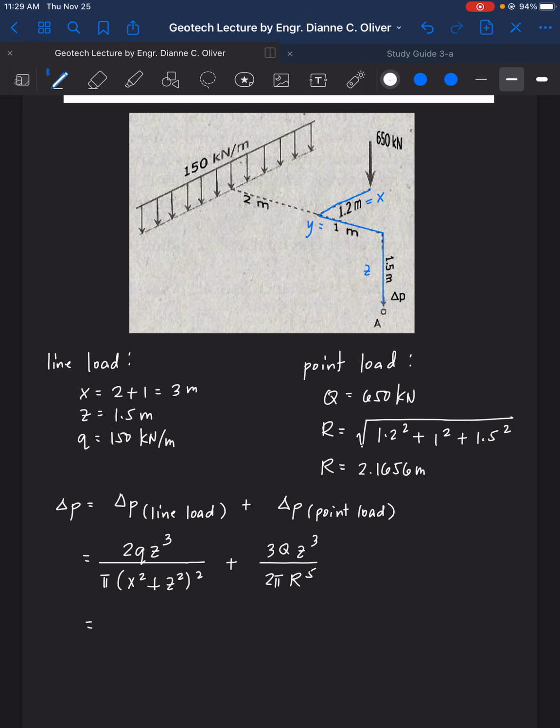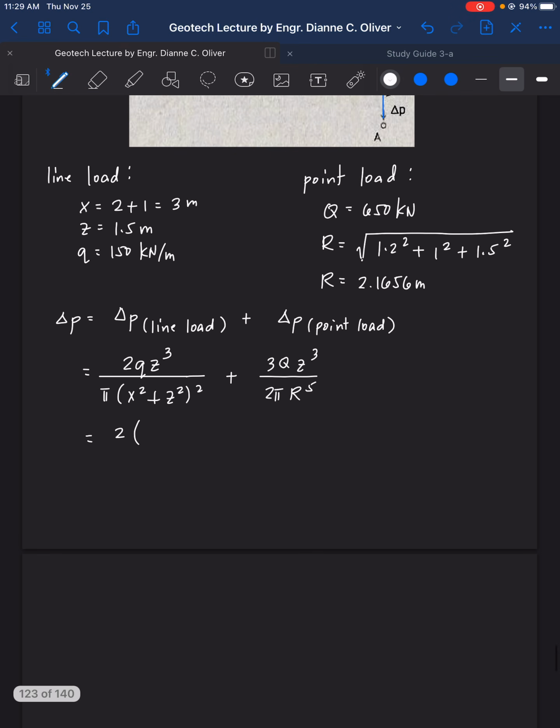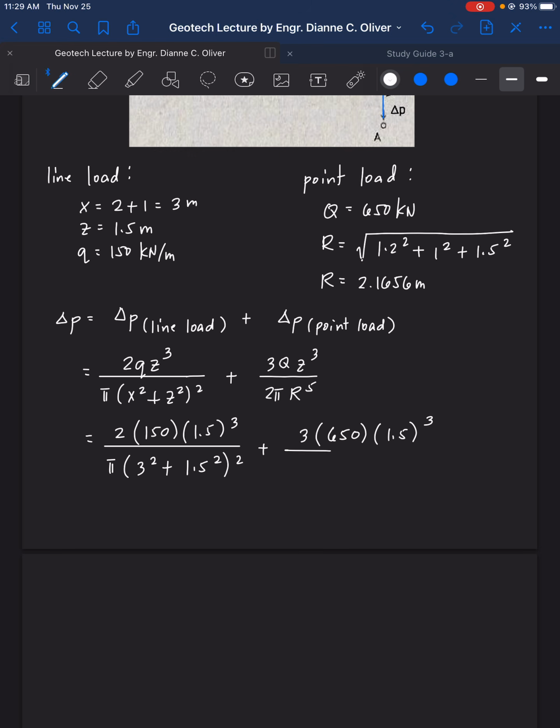Okay, going back now to the formula. You have 2 times 150 times z, the depth, 1.5 raised to 3, all over pi times the distance 3 meters squared plus 1.5 squared, plus 3 times 650 times the depth of 1.5 raised to 3, all over 2 pi times the radius 2.1656 raised to 5.